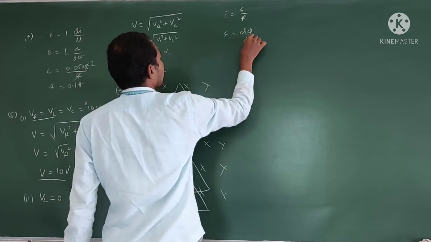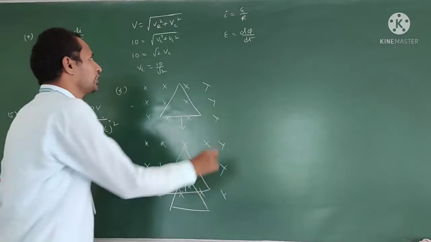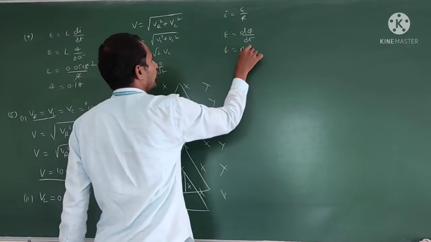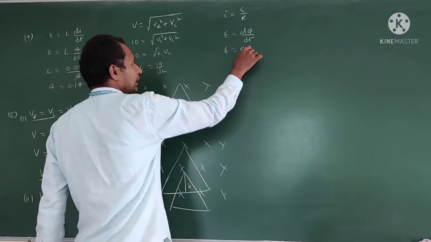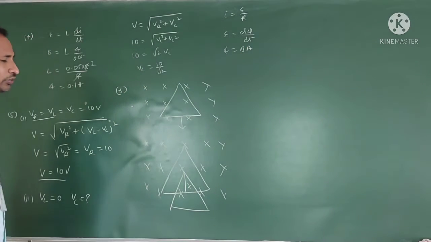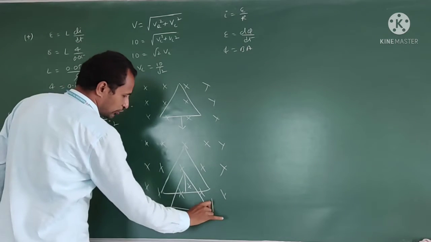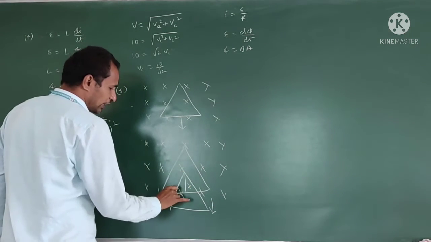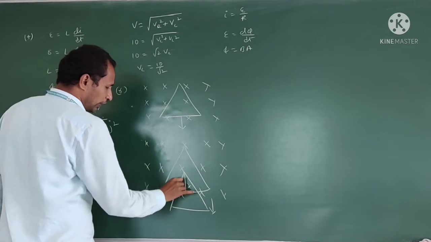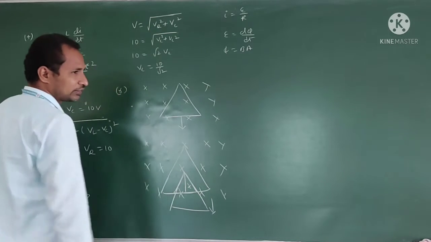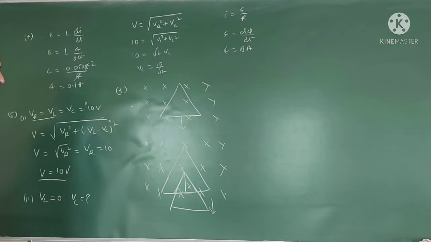E, how do you write? E is equal to d phi by dt. Phi is equal to what? BA. B is constant. Area is changing. As it is moving down, what happened? Area changing. So at the instant I take this position x, you need to find this triangle area. Clear?